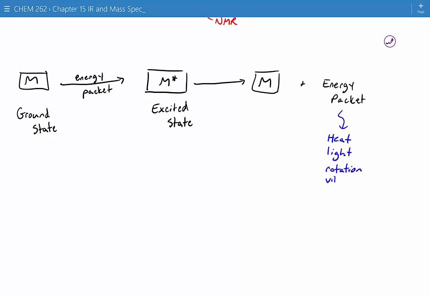You can see vibration, as in the case with IR spectroscopy. There's actually quite a few other types of energies. So really with spectroscopy, all we're doing is we're studying the energy that's either absorbed in the first step or emitted in that transition from your excited state down to your ground state.